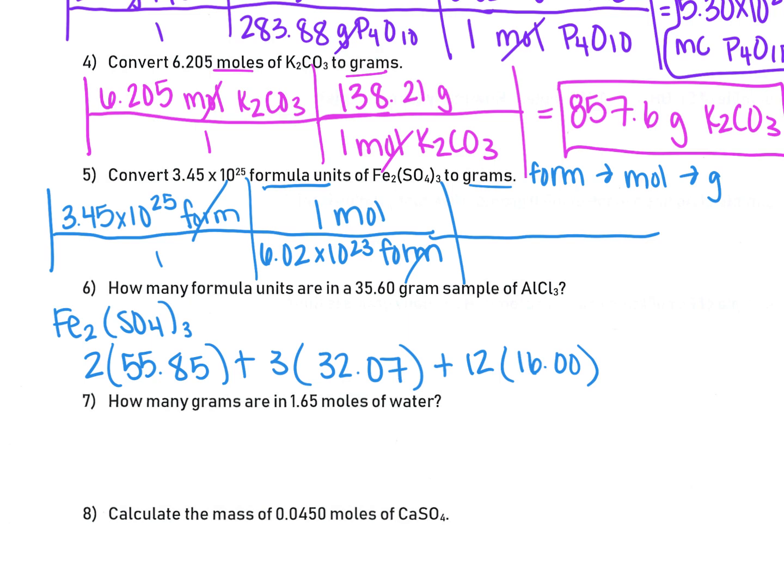And what are you getting for that molar mass? 399.91. Good. Does that go on top or bottom? Okay, so there's 399.91 grams for every 1 mole. So moles cancel. We're left in grams.